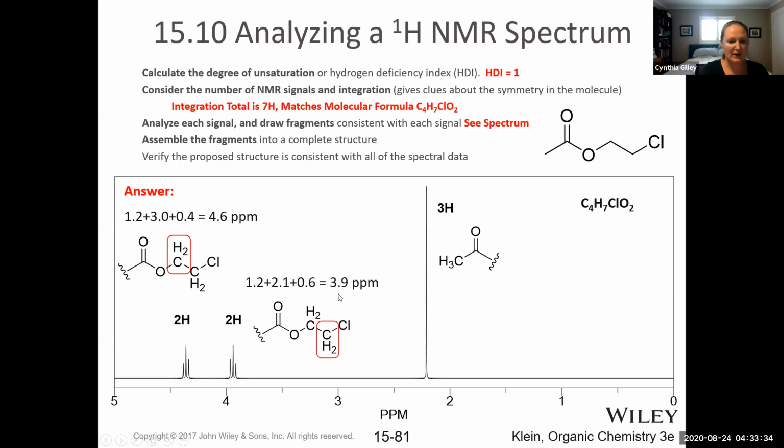So adding that all together, I've predicted about 3.9. This looks to be really close to really 3.9, so very good prediction. This was predicted to be at 4.6. This looks a little bit more like 4.4 to me, but again, it's within reason. It can be off of your predictions. Don't get too married to it having to be exactly where the prediction made it seem like it should be.